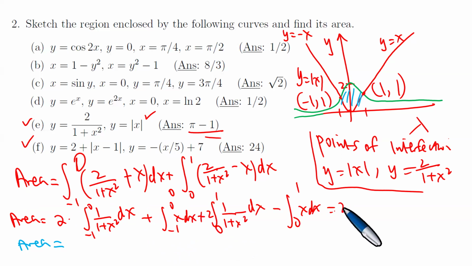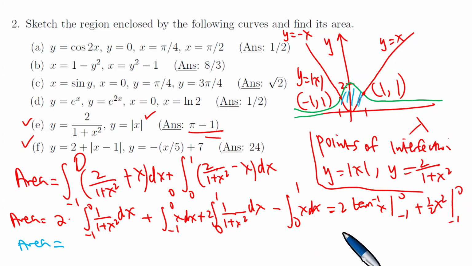And then in the end, it becomes 2 arctan x from minus 1 to 0 plus 1/2 x squared from minus 1 to 0.